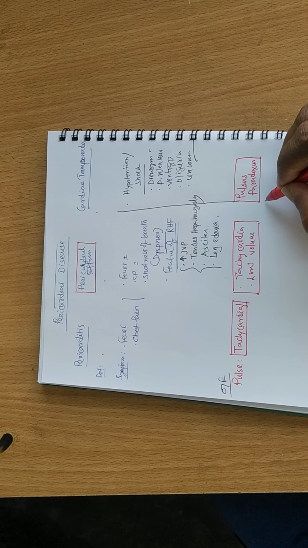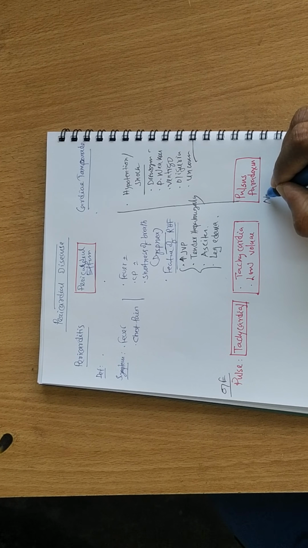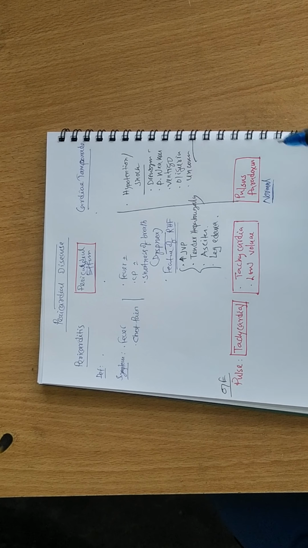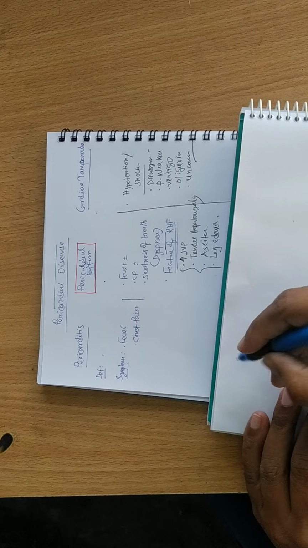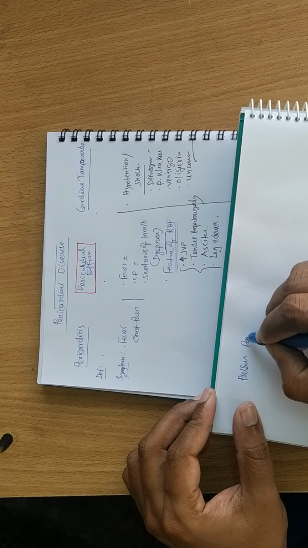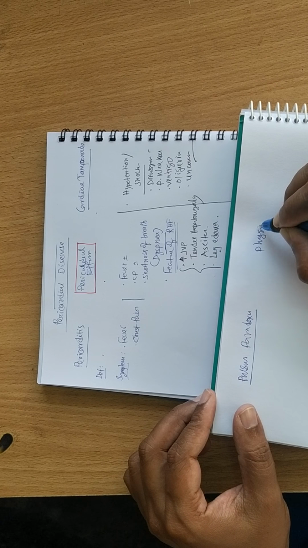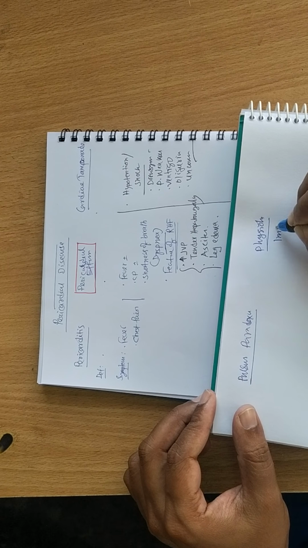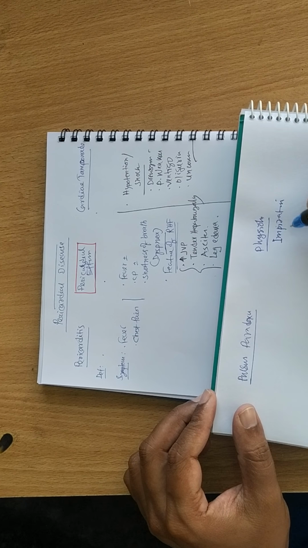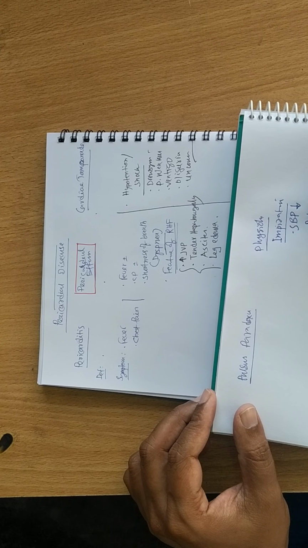At first, normalcy. Normally, what happens? In physiological condition, during inspiration, systemic blood pressure, mostly systolic blood pressure, falls and the pulse becomes high.